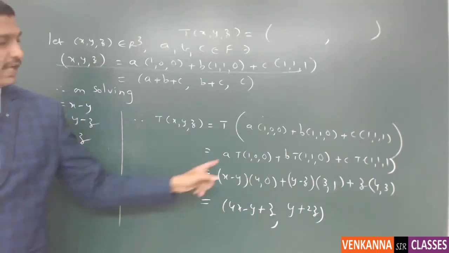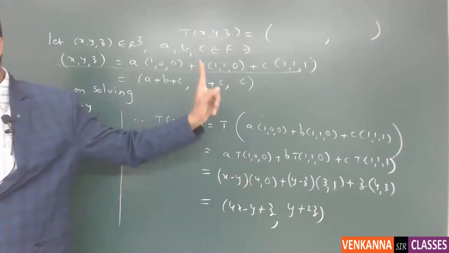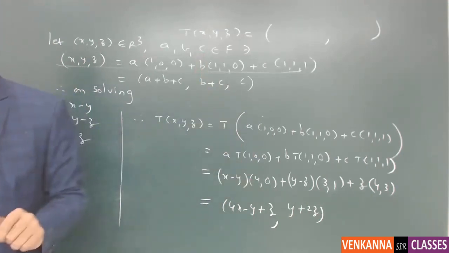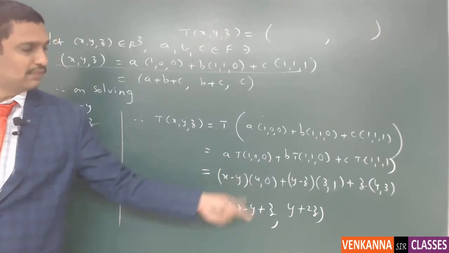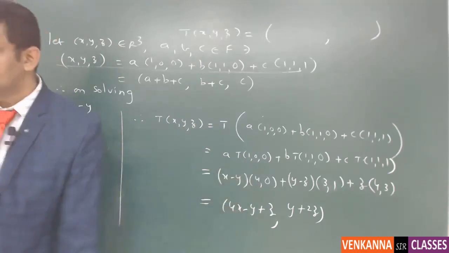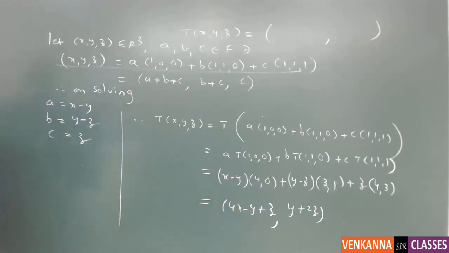Now I know the scalar value, and I know the image from the matrix as we computed earlier. Substituting the values and simplifying, this is the required result. So T of xyz is equal to this condition, this is the answer. You can check for computational errors, but that was the correct procedure. Fine. You can check for that.